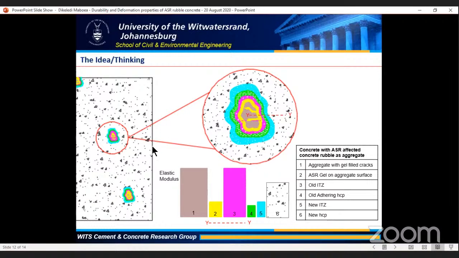We'd have the old interface. Then you'd have the paste adhering to the old interface. Then we'd have a new interface. Then you'd have a new hardened cement paste. So we're interested in knowing how this will behave through durability and also long-term deformation. Next slide.